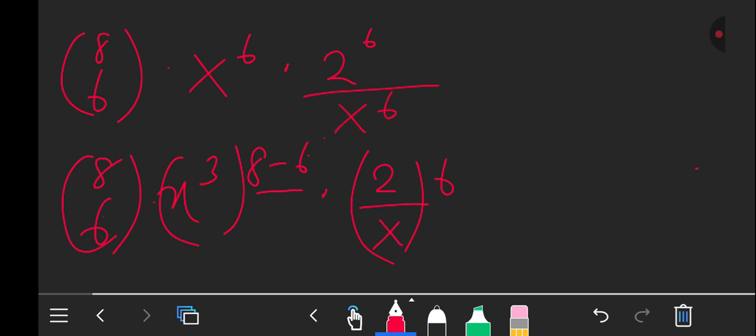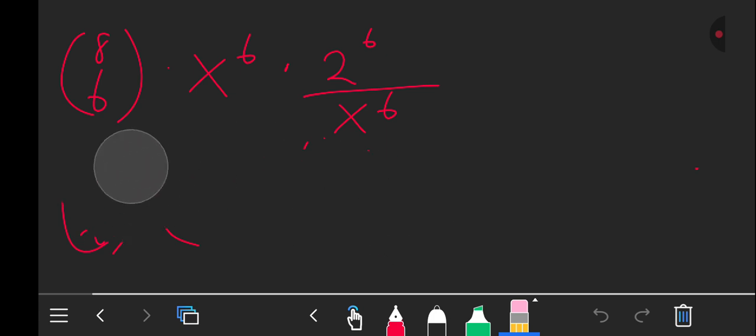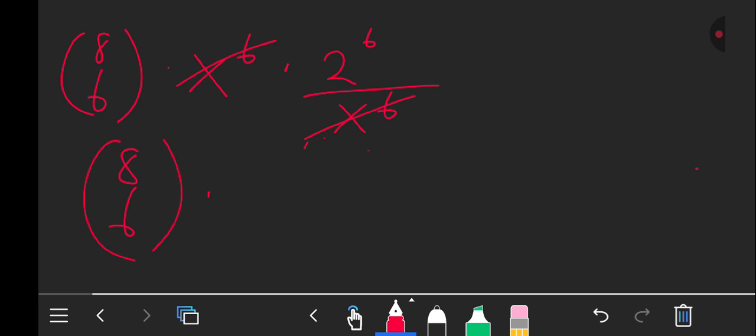Just distributed this power. Okay, so you can see that x to the power 6 can cancel with that x to the power 6. This is on the denominator, that is on the numerator. So I'm going to have 8 combination 6 multiplied by 2 to the power 6.